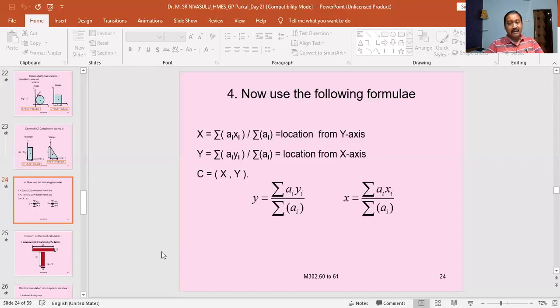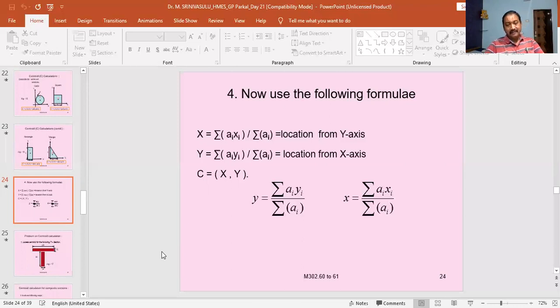And similarly for the y coordinate, sigma ai into yi by sigma ai, that is, a1 into y1 plus a2 into y2 plus a3 into y3 by a1 plus a2 plus a3. So like this, we find the location of the centroid or center of gravity.